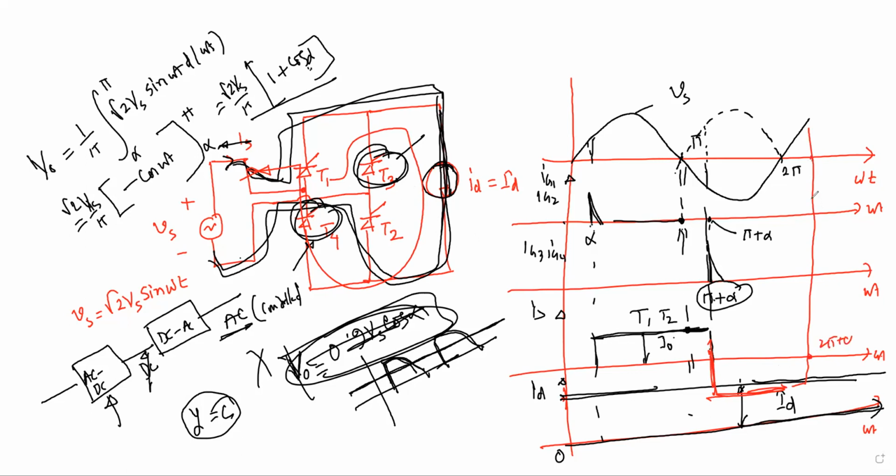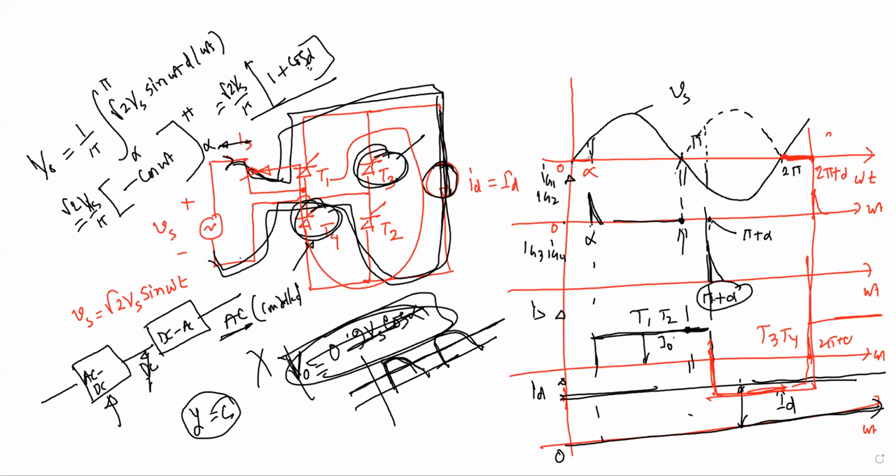You have applied a pulse at twice pi plus alpha, so that will be the conducting time for T3 and T4. Look here, T3 and T4 will be conducting from 2 pi plus alpha. Is the period twice pi to twice pi plus alpha not equivalent to 0 to alpha?